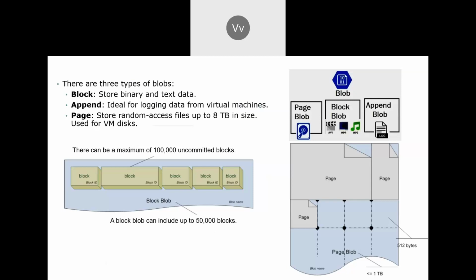When we talk about blob, you're storing binary objects or text data like files, images, JSON files, videos, emails, or other files like CSV files. All this comes under blob.